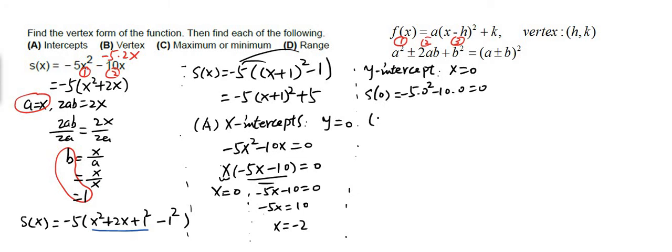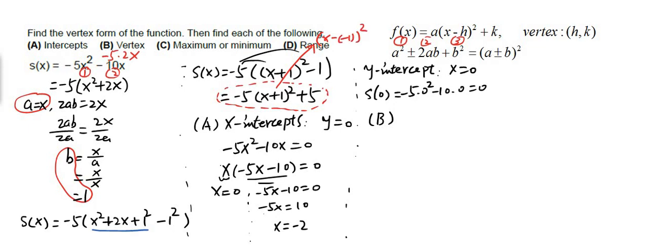Now B, the vertex. Let's go back. The vertex form, we got it. We compare it with the vertex form formula, which has x minus h. Here we have (x plus 1) squared, which we can write as (x minus negative 1) squared.